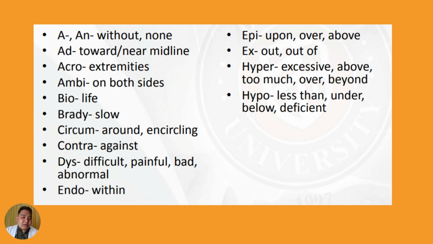The prefix acro means extremities. If we combine acro and the suffix megaly, it means an enlargement of extremities. What are extremities? This involves the hands, the lower limbs, and the upper limbs.